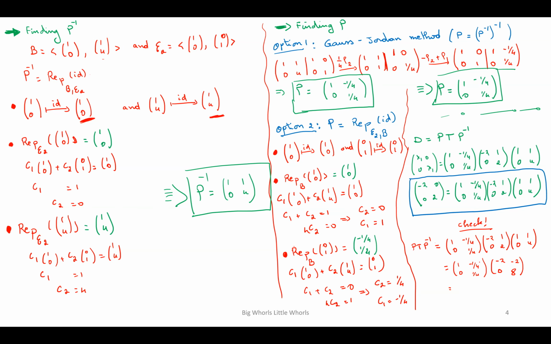We have here 1 multiplied by minus 2 is minus 2. No, I think there is something wrong.